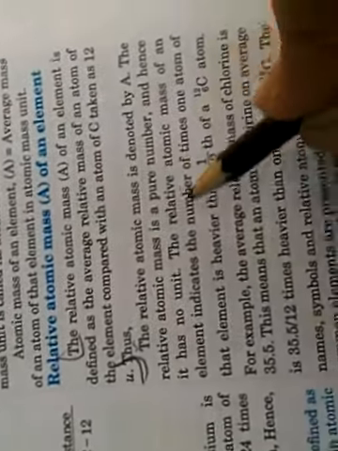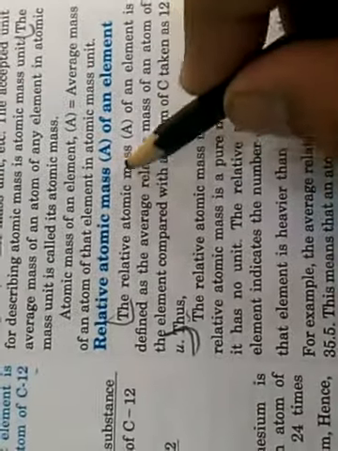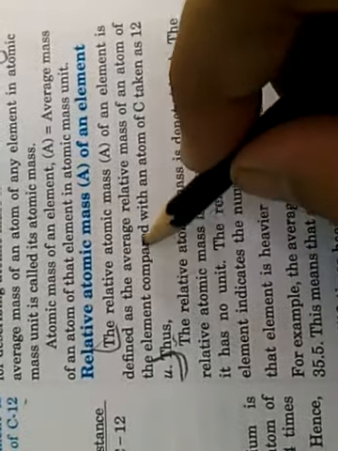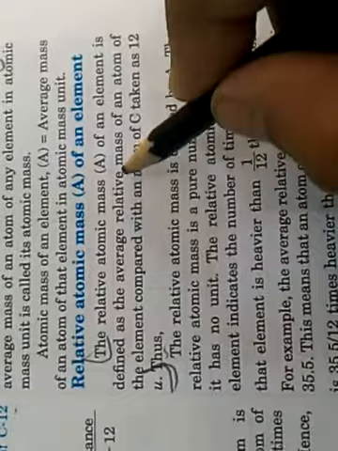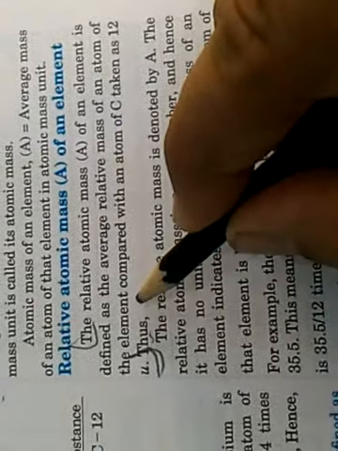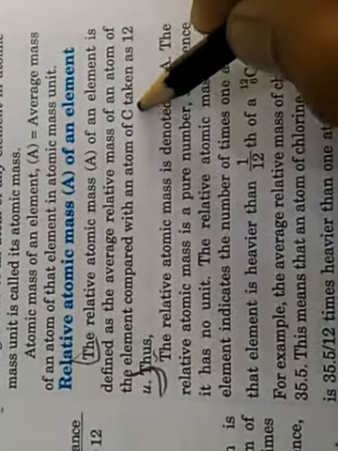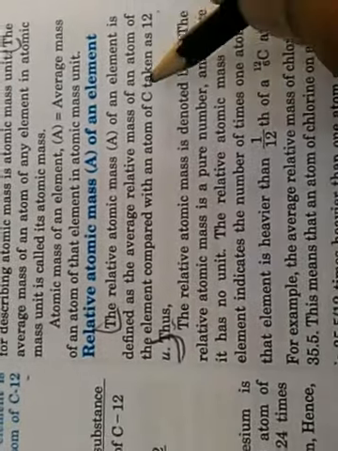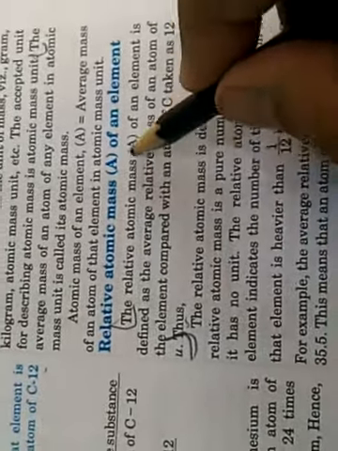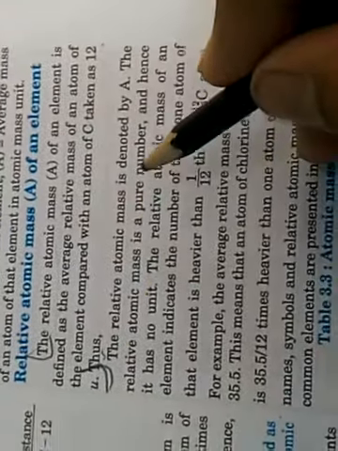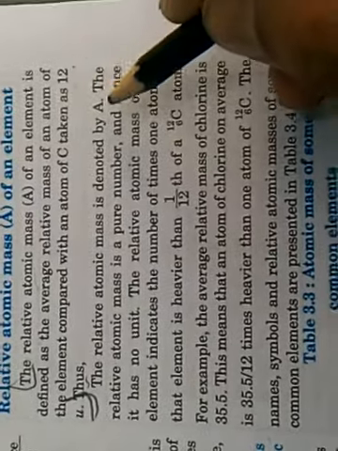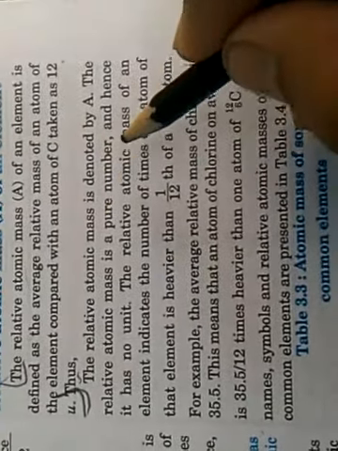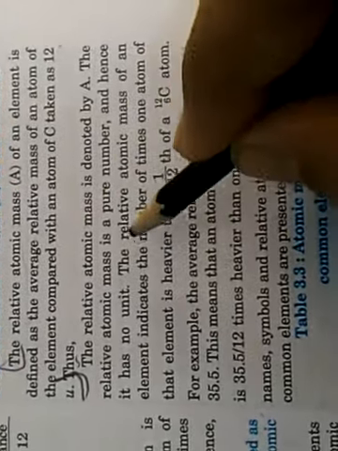When we compare any atom or molecule, or any atom of an element, with the weight of carbon, and what is the weight of carbon? 12 u. Then we can say that it is the relative atomic mass of the element. The relative atomic mass is denoted by A, capital A. The relative atomic mass is a pure number and hence it has no unit.